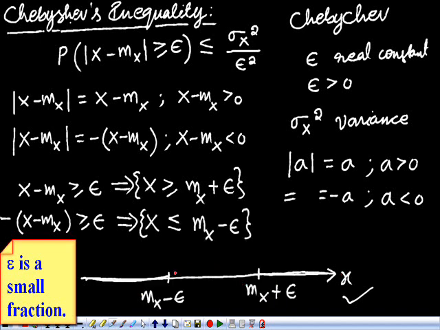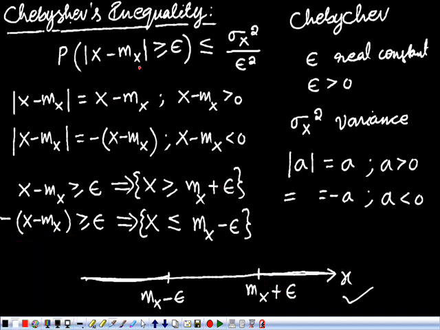And what about this region? Here it is not taking values, that is in the interval mx minus epsilon to mx plus epsilon, x is not taking any value. It is taking values from minus infinity to mx minus epsilon and taking the values from mx plus epsilon to plus infinity. Therefore, this can be considered as one event and this can be considered as another event. We can write mod x minus mx greater than or equivalent to epsilon as the union of two events.